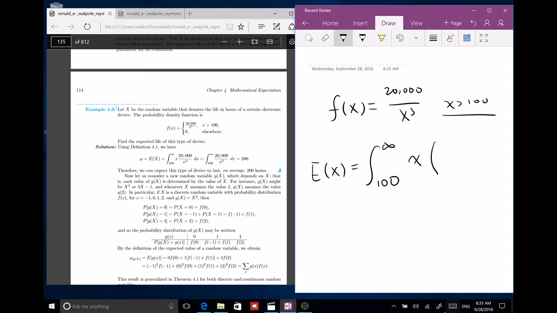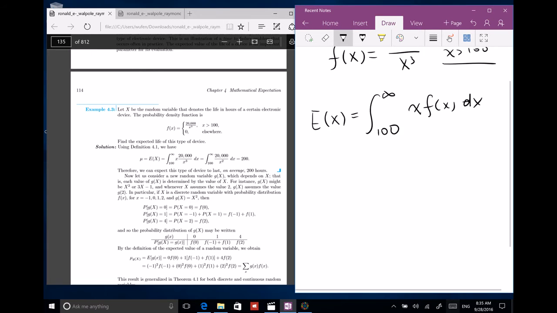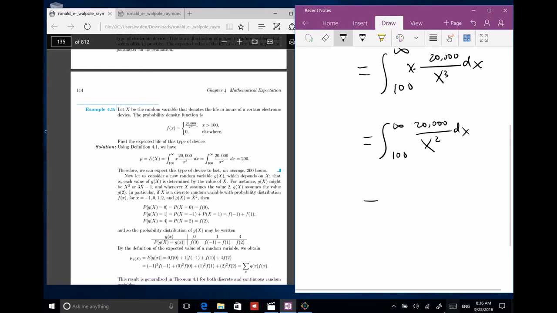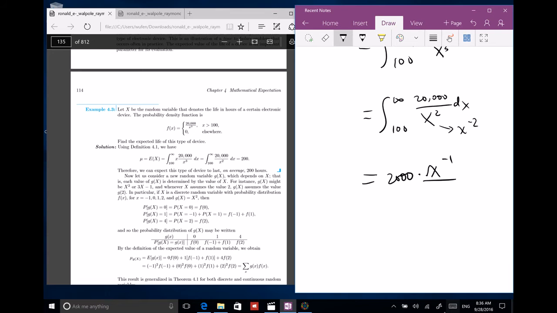We take x multiplied by f(x) dx. Now we plug it in: the integral from 100 to infinity of x times 20,000 over x cubed dx. Simplifying, that equals the integral from 100 to infinity of 20,000 over x squared dx. Then we take the antiderivative: 20,000 times x to the negative 2 power, we add 1 to the power to get negative 1 and divide by negative 1.